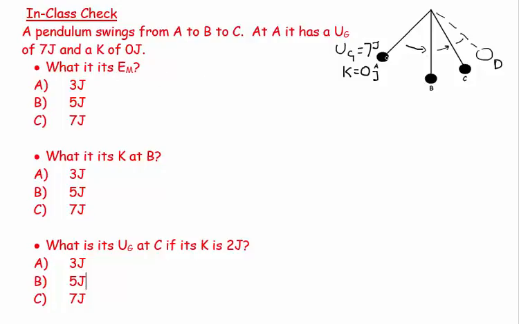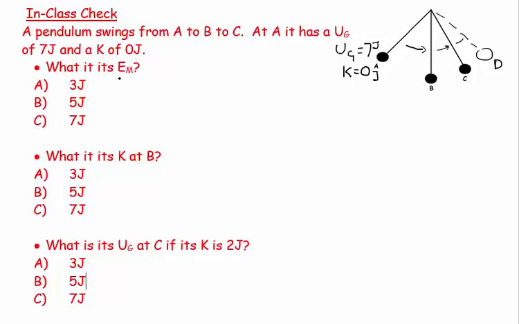And from conservation of energy in an isolated system, we can say that the mechanical energy at A is the same as the mechanical energy at B, is the same as the mechanical energy at C, because no energy is gained from the outside of the system and no energy is lost through friction, for example, to the outside of the system.